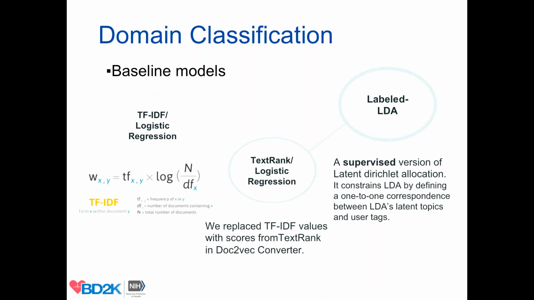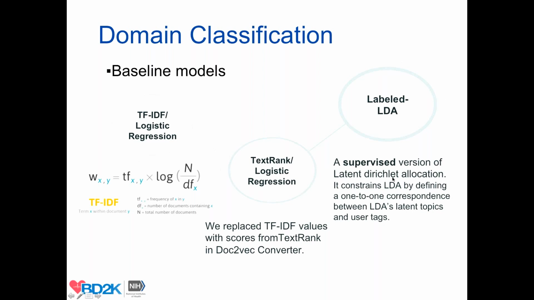The second example is text rank with logistic regression. We just replaced all the TF-IDF values with the scores from the text rank we introduced before in the doc-to-vec converter, which is a more powerful method to calculate the importance of each term.